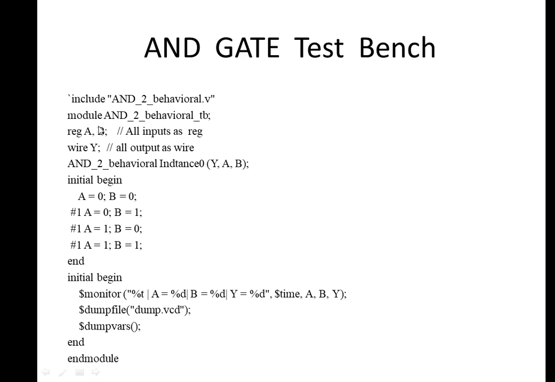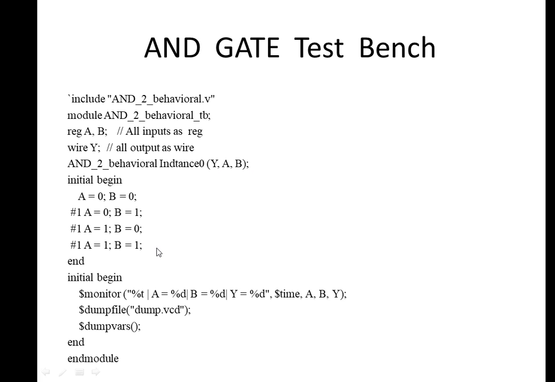And this is the same module which we have written; we are taking the instance of it. So the module name, then the instance name, then brackets with the output and inputs. This is the instantiation of the module in this test bench.